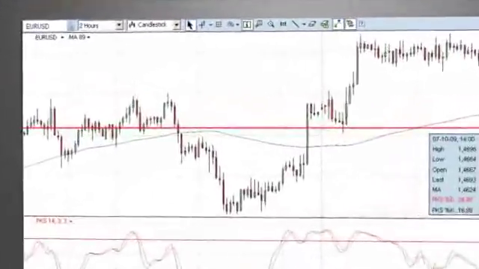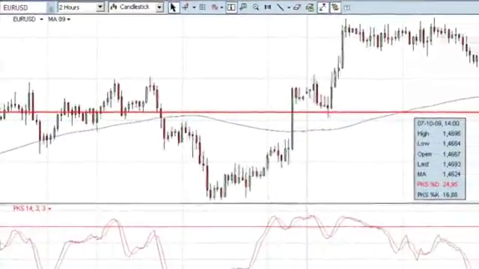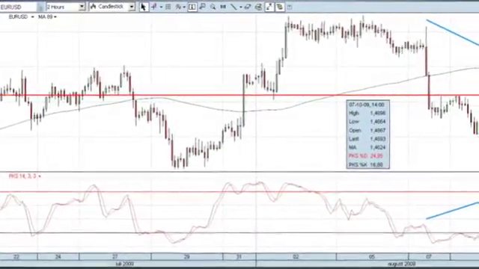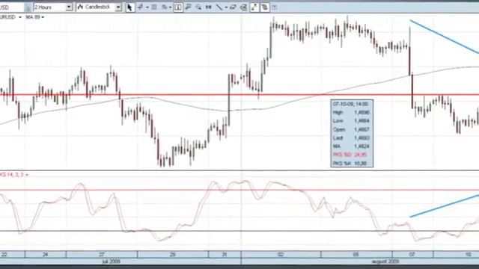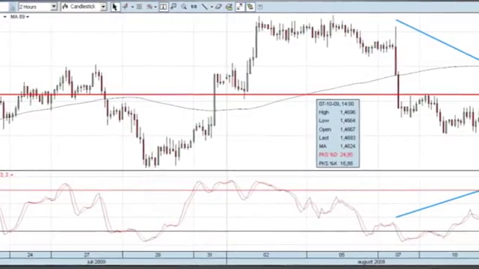Let's take a practical example from a recent trade I placed in the market. On this 2-hour chart of the euro against the US dollar, you can see how the market is trading below the 89 period moving average. As such, I am looking for opportunities to sell short.